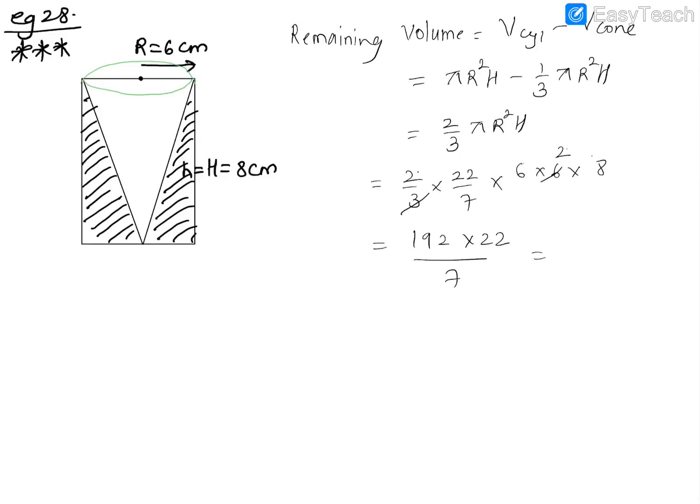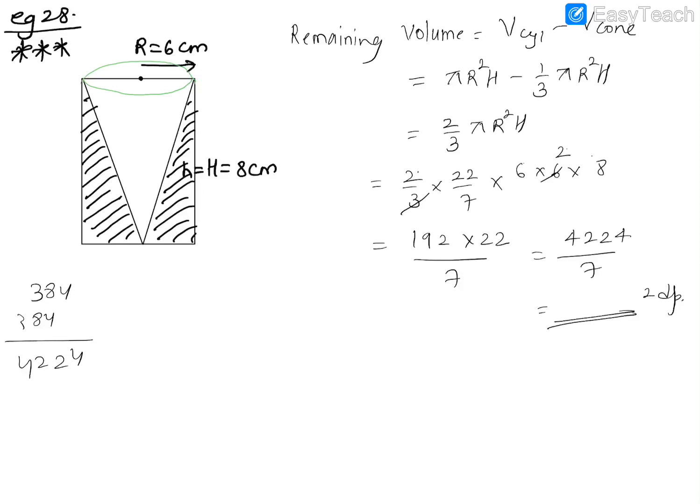So it will be 384, then 4224. I'm not sure of the calculations, you can check it yourself and then convert it into 2 decimal places. The answer is given wrong in the textbook, guys. You'll have to convert it into 2 decimal places, compulsory.